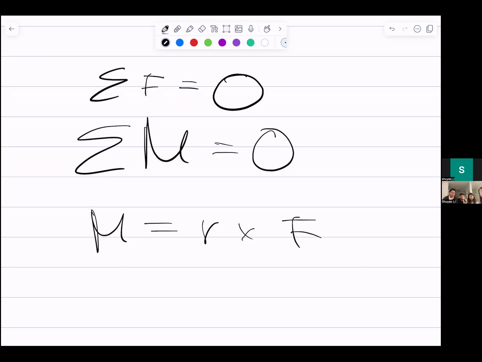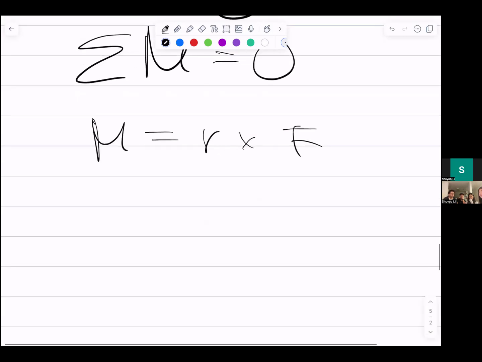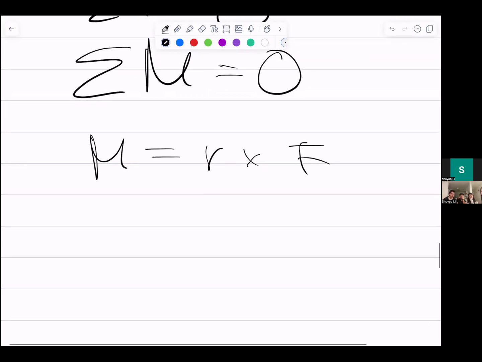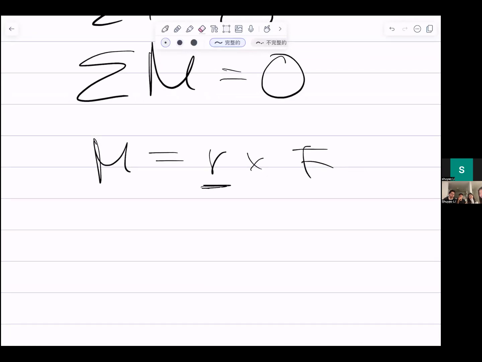Sometimes we use just force times the distance, and now R cross F. If we were only given the distance and the force, how would we use it? We just want to make sure that the distance is the perpendicular distance. So basically this cross product is saying that this R is perpendicular to the force F. So that's very important for the concept of moment, a perpendicular distance.